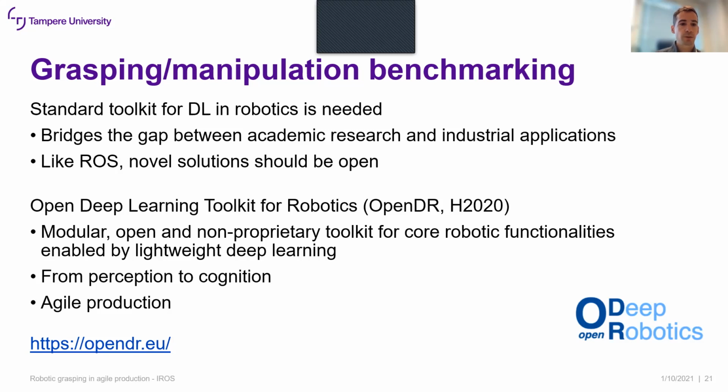The toolkit aims to have a modular, open and non-proprietary toolkit for core robotic functionalities, which are enabled by deep learning. This goes from perception to cognition, so many topics are present, and also the application area of agile production is represented. A first version of the toolkit will be released at the end of this year, where, as I said, you can find the solutions that I presented in this presentation. So feel free to go to this website for more information.